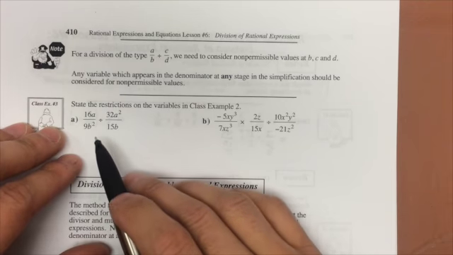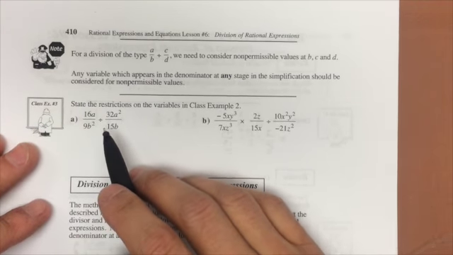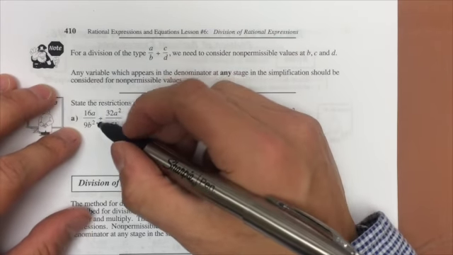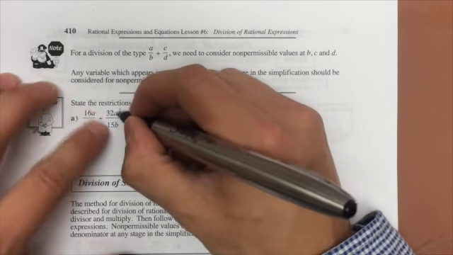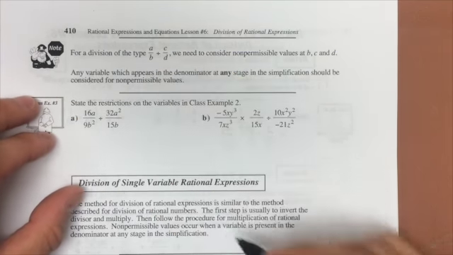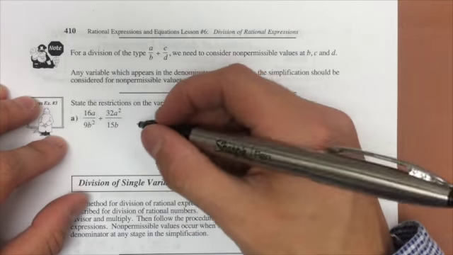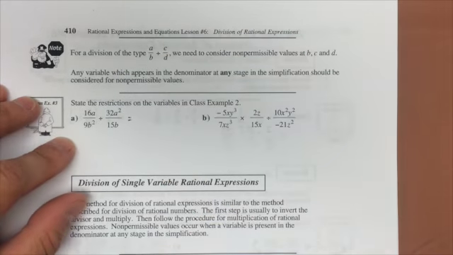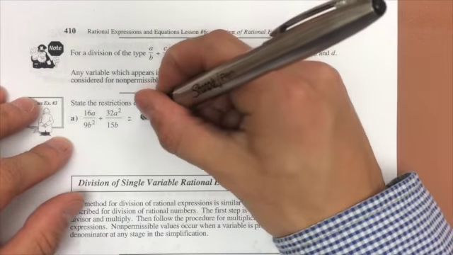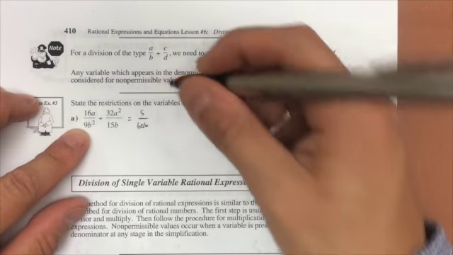So this is the question that we solved earlier. We're just stating the non-permissible values, but in that question we ended up flipping this, remember? And we were left with a and b on the bottom for our final answer. Our final answer ended up being 5 over 6ab previously.